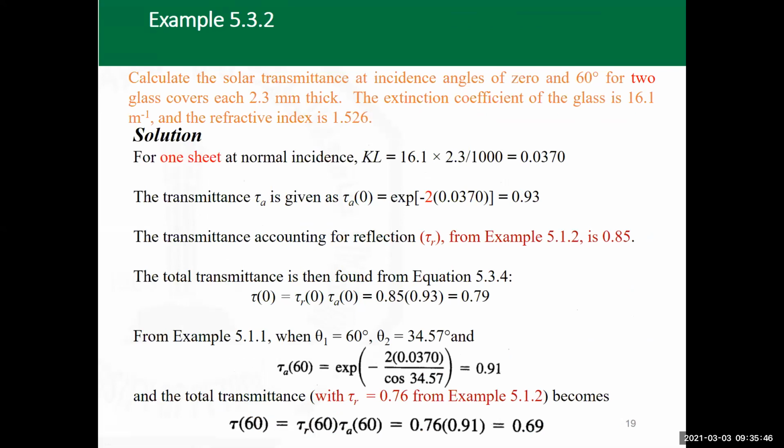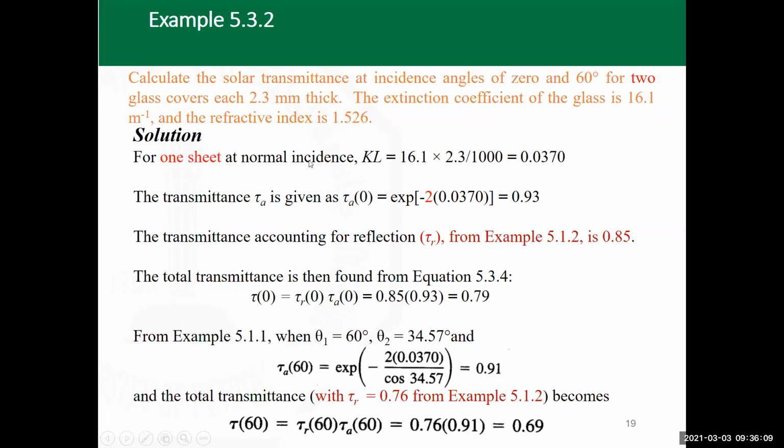Again, we're looking at the solar transmittance at incident angles of 0 and 60 degrees for two glass covers. Each one of them has a thickness of 2 millimeters. The extinction coefficient of the glass, K, is equal to 16.1, and the refractive index is 1.52. Again, direct substitution here can get us this value.